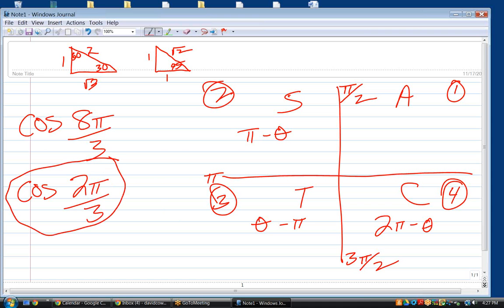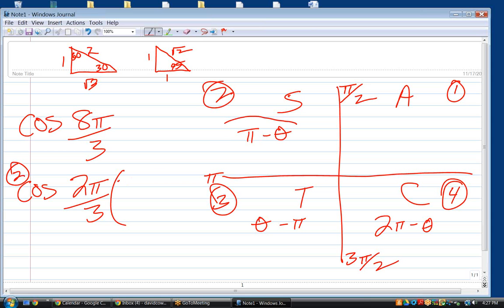What quadrant? Quadrant 2. The equivalent first quadrant angle. Same as before.